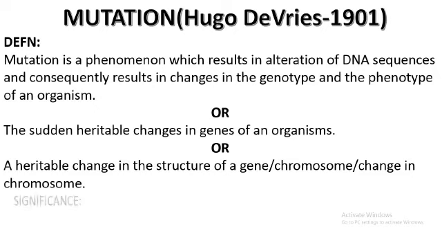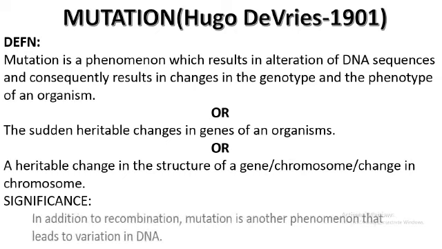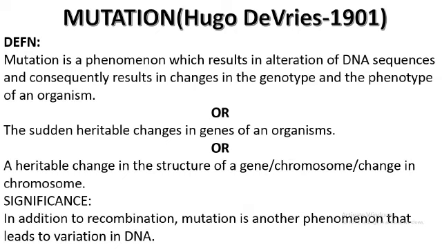Now what is the benefit of mutation? The most important benefit, or significance, of mutation is that it is going to induce variation. What is variation? Changes with respect to character. Already we have studied that genetic recombination or sexual reproduction brings about variation mainly because of crossing over.